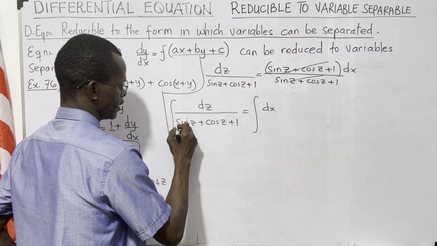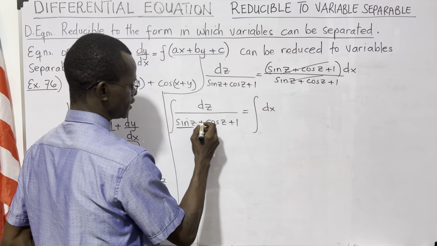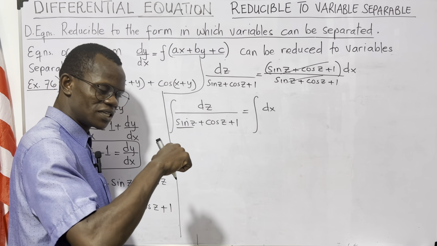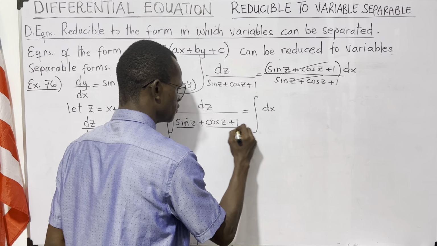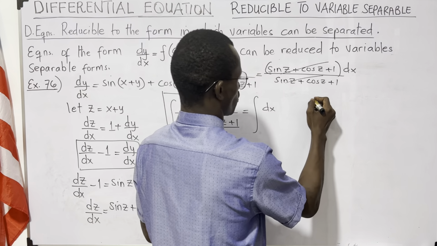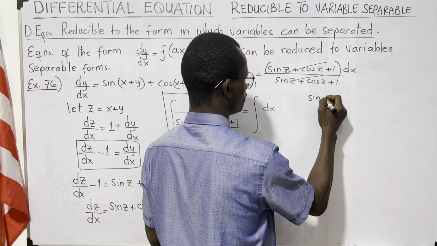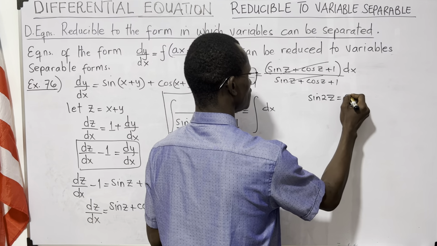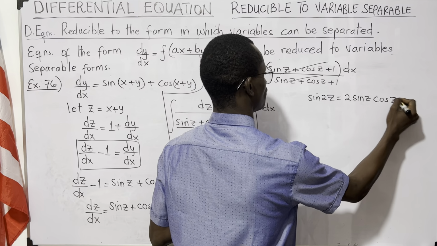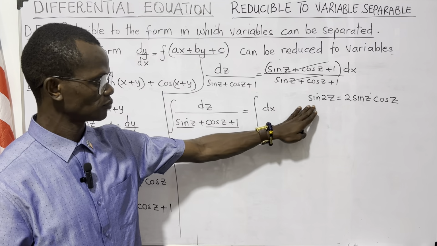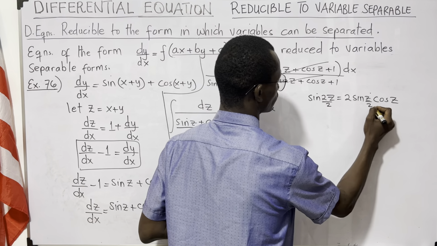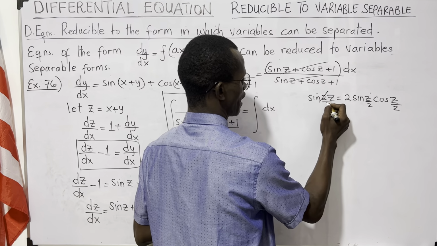So we can find a half angle identity for sine of z, and we also know that there is a half angle identity directly for cos of z plus 1. Now let's look. We know first that sine of 2z is equal to 2 sine of z cos of z from the double angle identity. So if we divide each angle by 2, we get the half angle immediately.